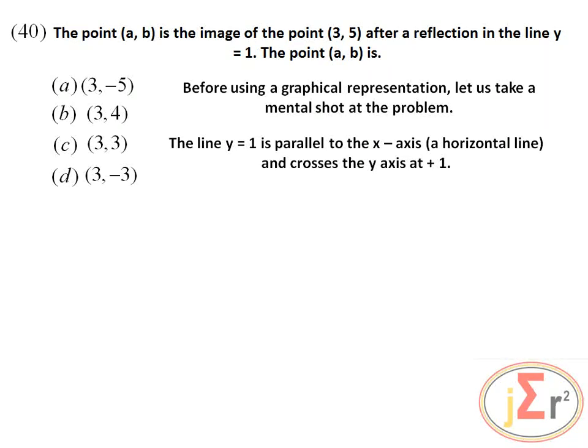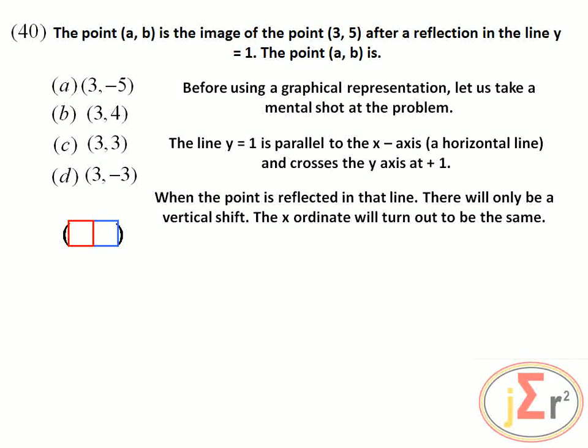So the line y is equal to 1 will be parallel to the x-axis and will cross the y-axis at 1. As a matter of fact, the equation of the x-axis is y is equal to 0. So y is equal to 1 will be a line parallel to y is equal to 0, the x-axis, and will be just 1 unit above the x-axis.